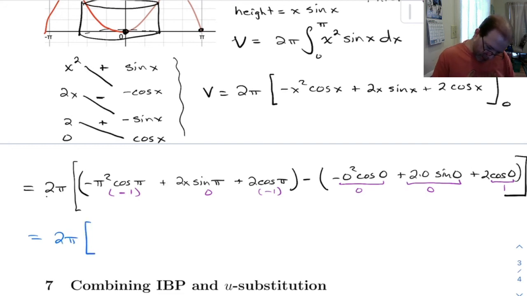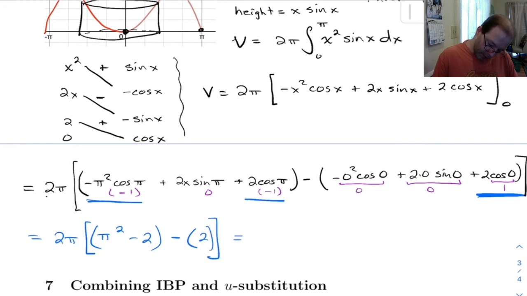Let's see, what have we got in here? This is going to give us pi squared, and this will give us minus 2, minus, the only thing that's not 0 over here is this last term, which is 2.